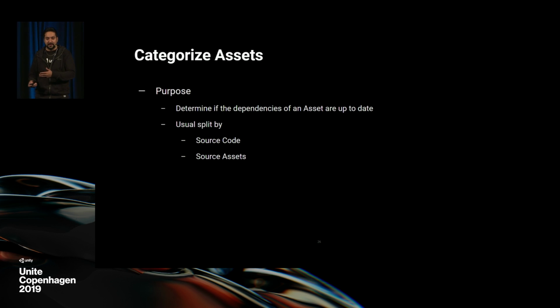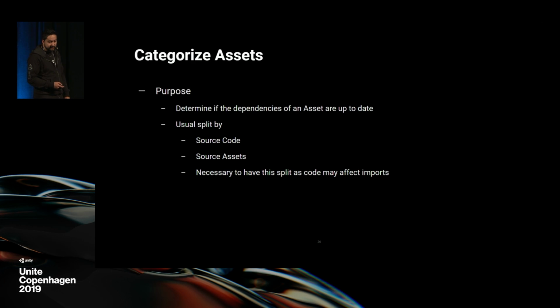Your C# scripts, DLLs, all those source-related files, they get put in the source code category, and the rest, your models, your textures, your audio files, they are source assets. And we need to have this split between the two, because the code that is written may affect the way that things are imported.